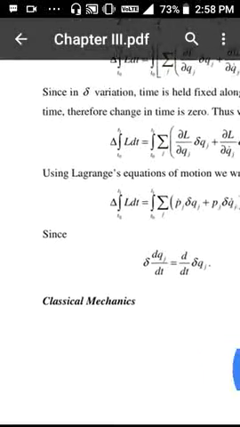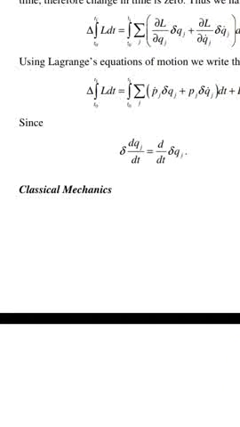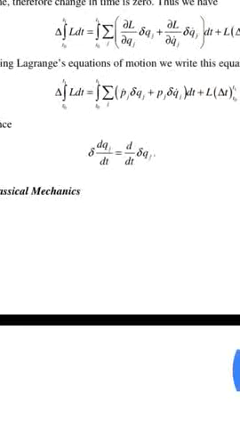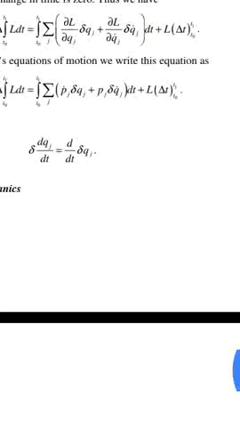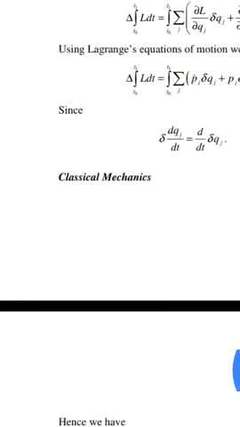Since in delta variation time is held fixed, therefore delta t is equal to 0. Therefore del integration of t0 to t1 L dt is equal to integration of t0 to t1 summation of dou L by dou qj delta qj plus dou L by dou qj dot delta qj dot dt plus L delta t, t0 to t1.